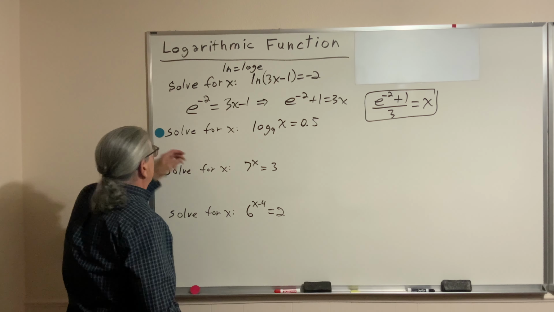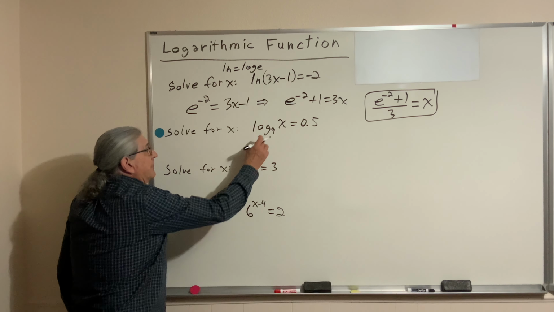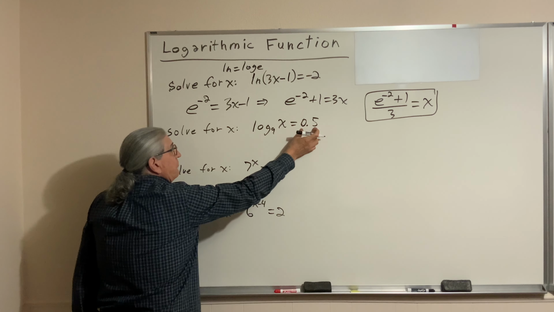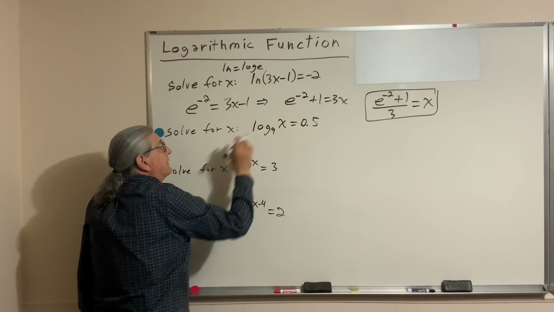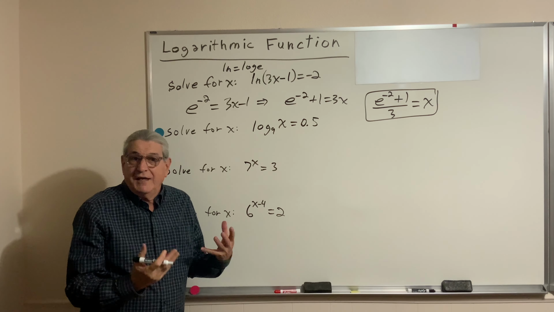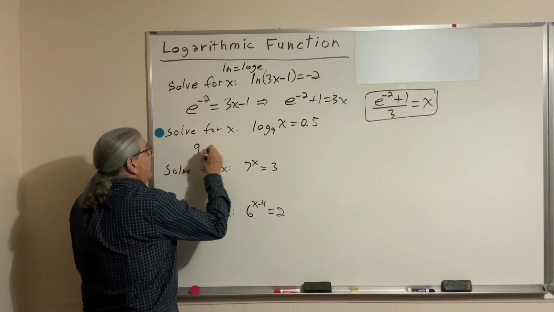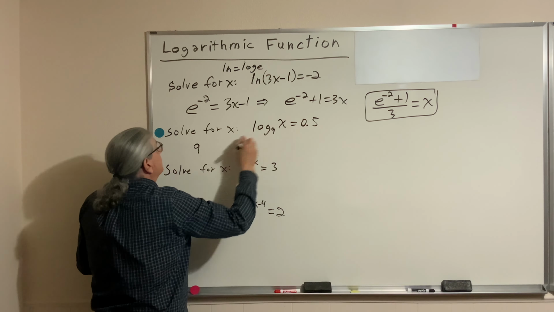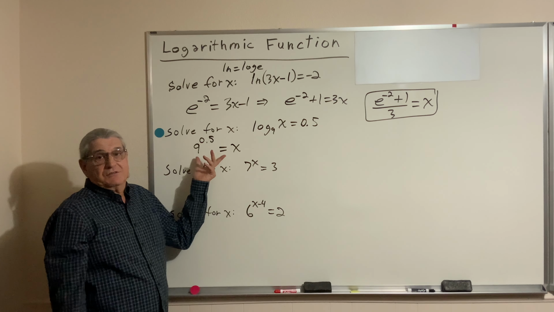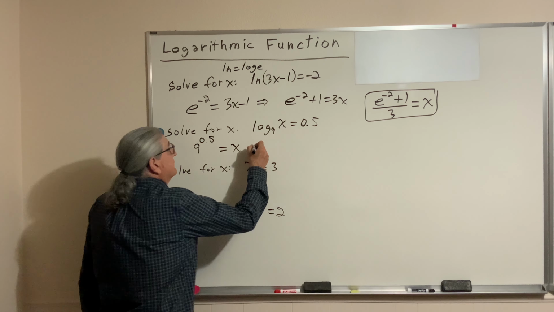Okay, here's another one. The log base 9 of x equals 0.5. Again, the x is inside the logarithm. We can't work with it. We just change it to an exponential. The base is 9. The exponent is 0.5, and that's x. So we actually solve for x, but we can simplify this.